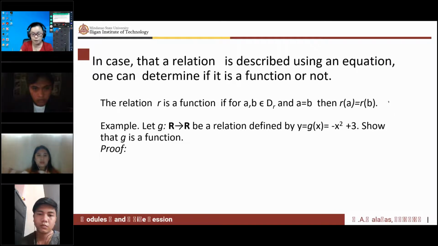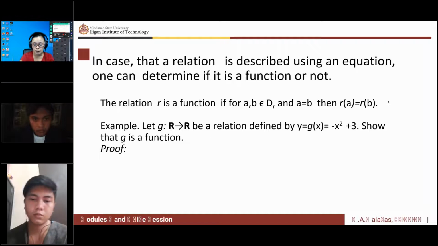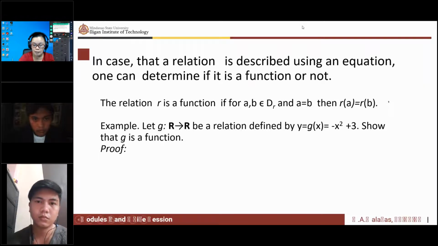Now, if you have a relation described using an equation, one can determine if it is a function or not. You use this criterion: if for any two elements a, b in the domain, and a is equal to b, then the images, image of a and image of b, are also equal.